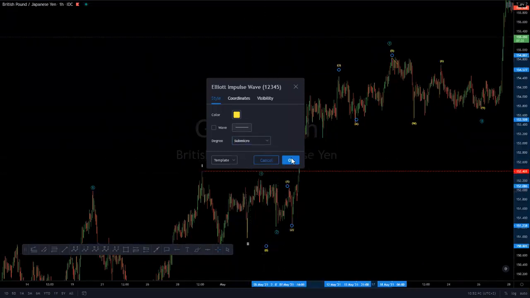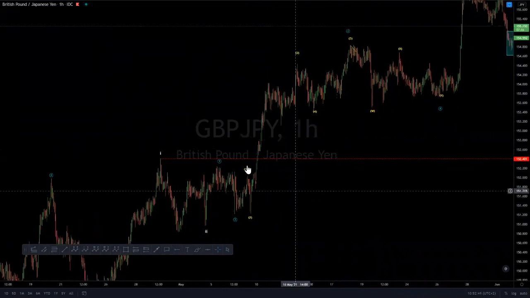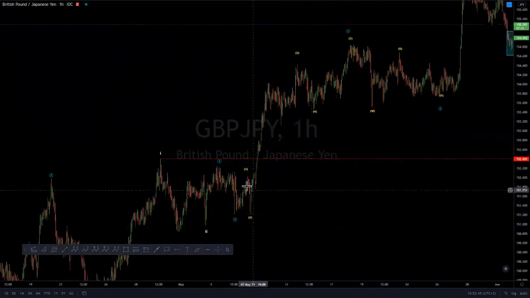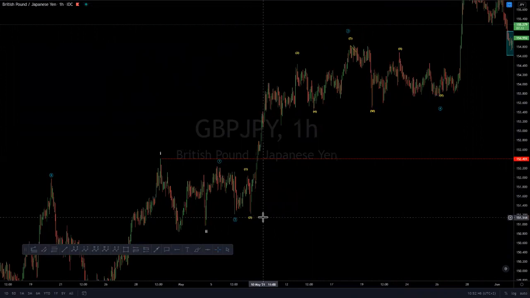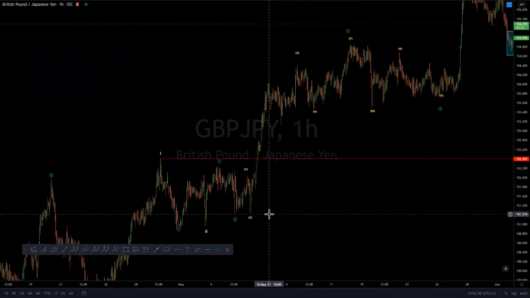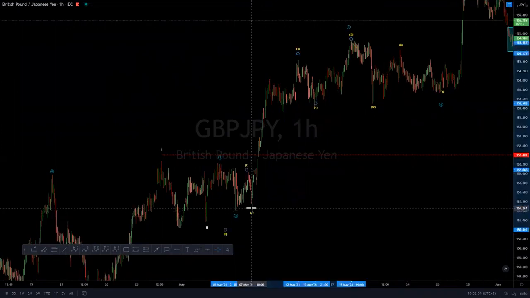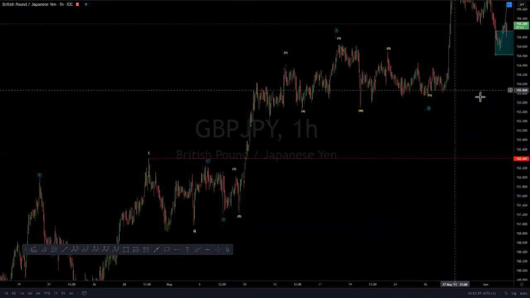This is a micro. Okay, this is how I'm going to look at it here. This wave 2 here did not come and take this low here. It came as far as like 99.9% of it here. So I'm still regarding this one as my wave 2 here. This is how I'm going to look at it.